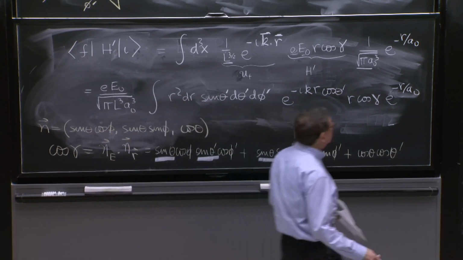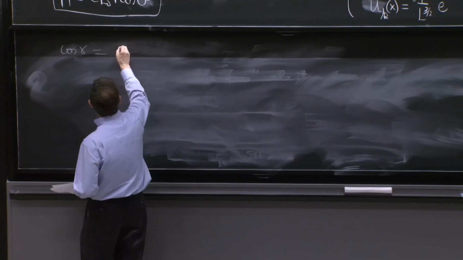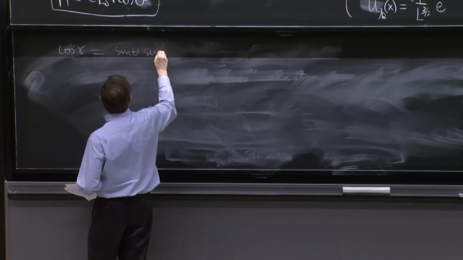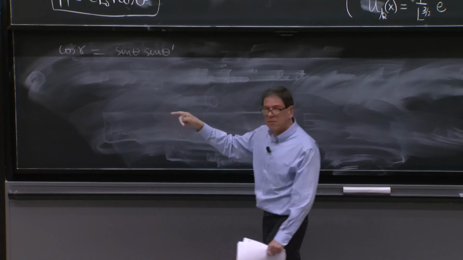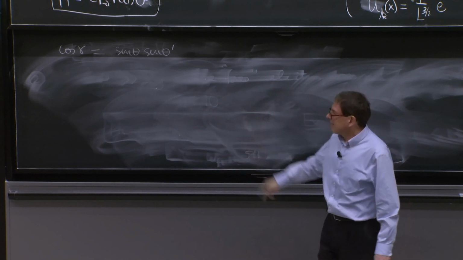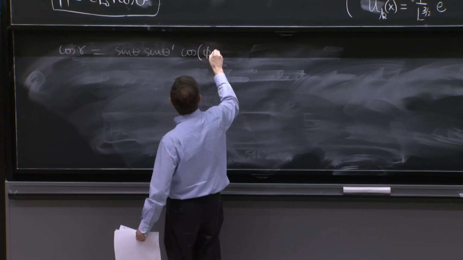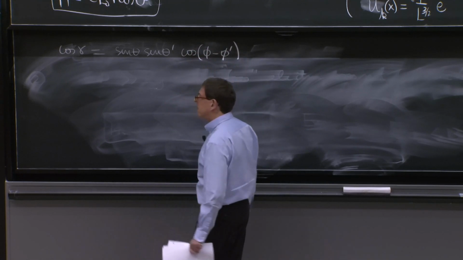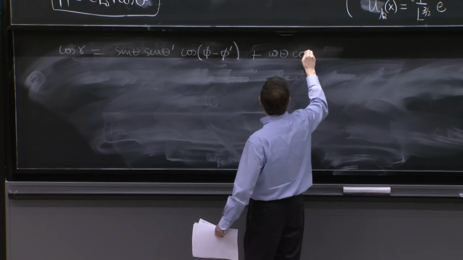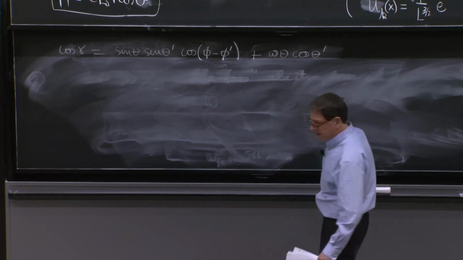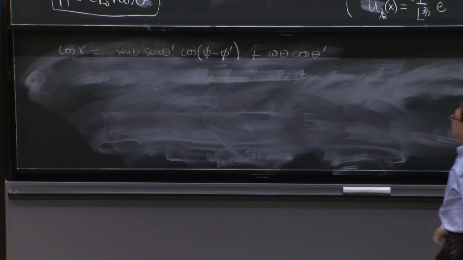So what you get is cosine gamma equal to sine theta sine theta prime times cos phi cos phi prime plus sine phi sine phi prime, and that's cosine of phi minus phi prime, plus cos theta cos theta prime. Okay, so that's cosine gamma.